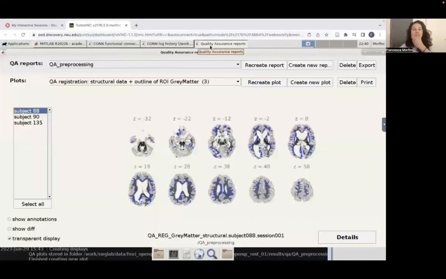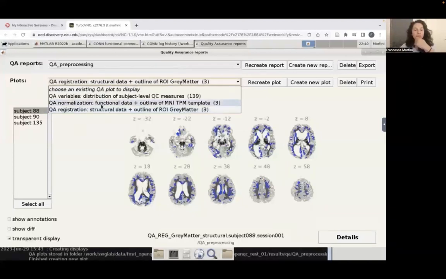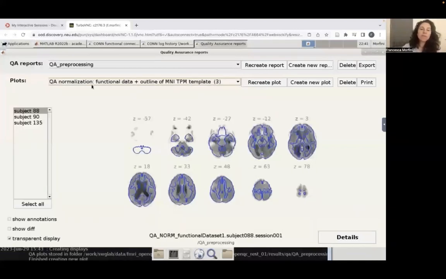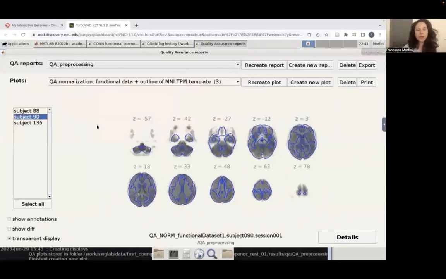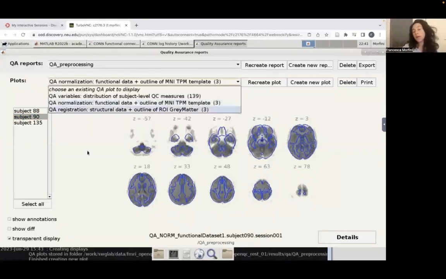If we go back to the quality control for these three subjects, we can see that while there may be some issues with this particular subject, because it seems to present particularly enlarged ventricles or some more clear anatomical feature, for subject 90 the functional data doesn't really show many issues, whereas obviously the structural had a problem.